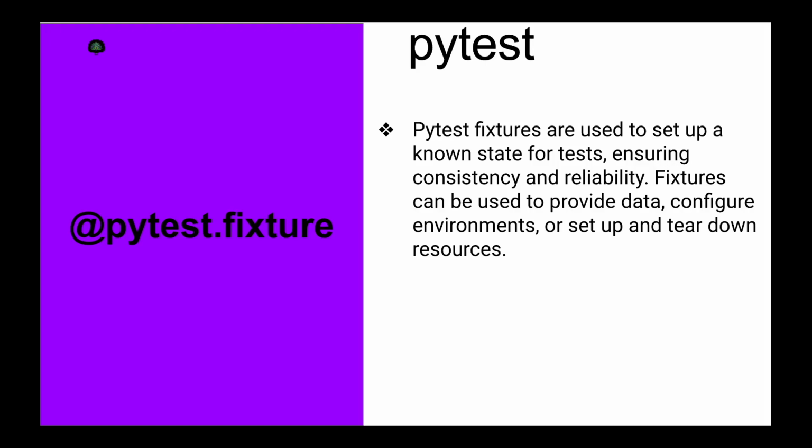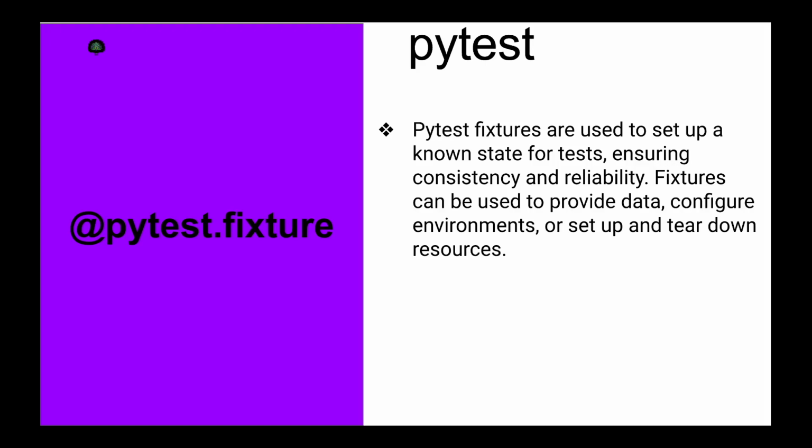So for every test case, before it runs, it sets up the data, runs your test case and asserts it, and then after that it tears down. In a general example, if you are testing something database related, before your test starts you want to open a connection, that is your test data setup.